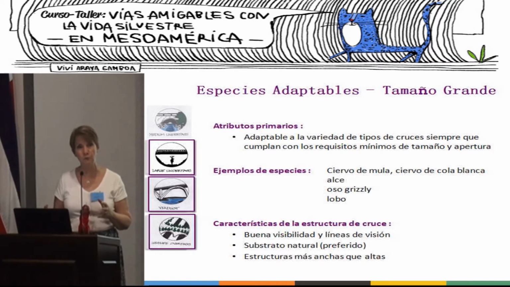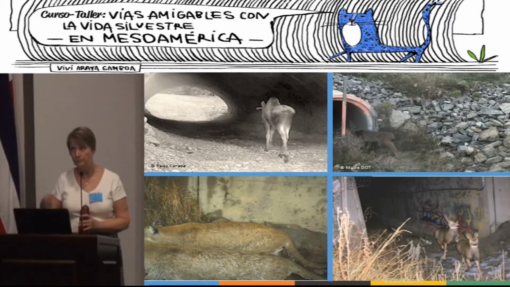They may prefer certain types, but they are, generally speaking, much more adaptable than some of the specialists. They usually like good visibility in the structure and through the structure, and as with virtually all species, they prefer natural substrate on the bottom, and generally wider rather than tall structures. And here are some great examples.